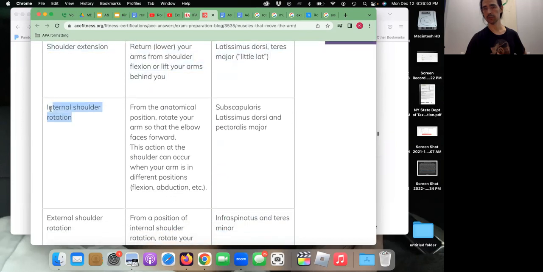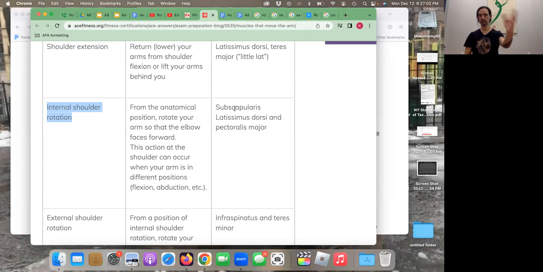Like internal shoulder rotation, for example, you might know that it's the subscapularis that does internal shoulder rotation, right? Which is like this. Everybody do this with me right now. So the elbow is inside and the arm is outside. This is the subscapularis test or subscapularis stretch. You probably have seen people do this kind of cactus-y type stretch.